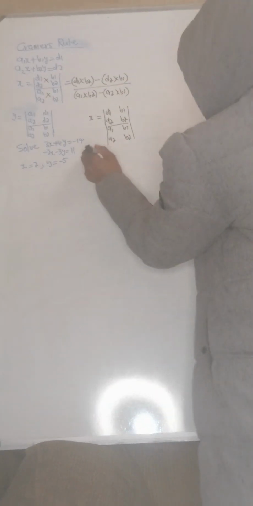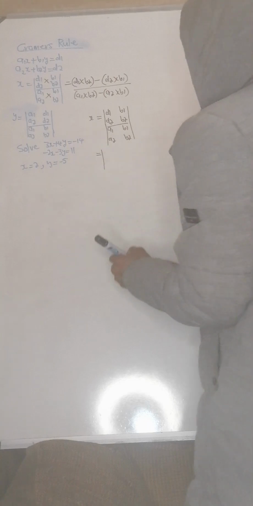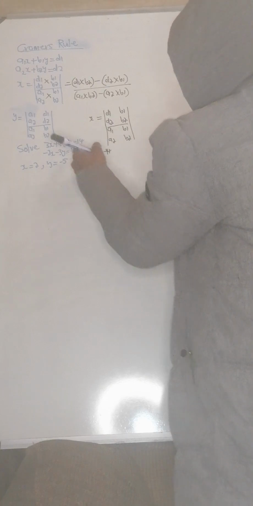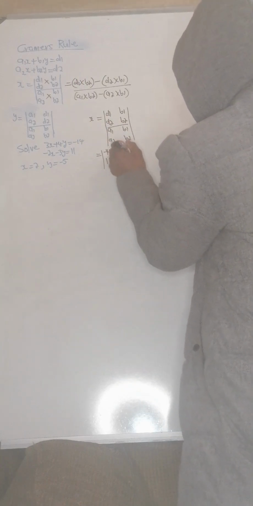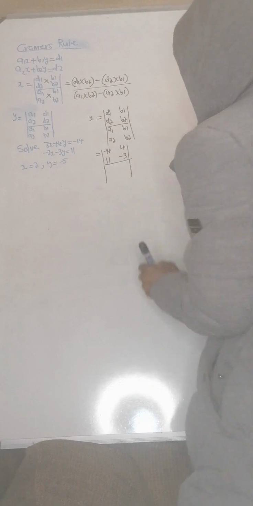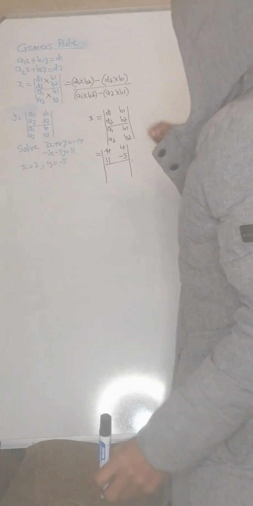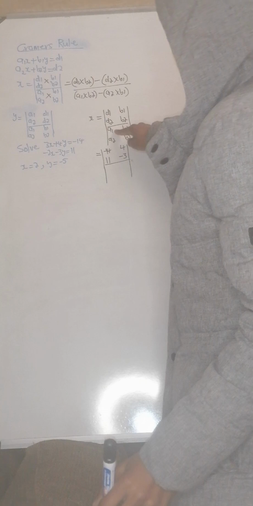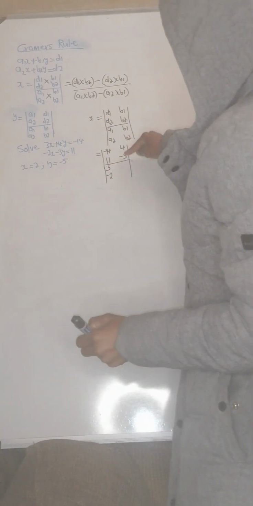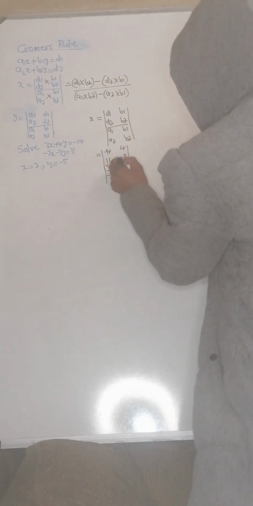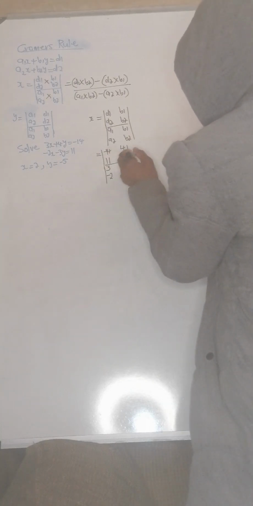From here, let me take the value of d1, that's minus 14, the value of d2, that is 11, the value of b1, that's 4 minus 3. We're taking the coefficients of x and y. Very, very important. Now I need to take a1, which is 3, and minus 2, and repeat exactly this, 4 minus 3.